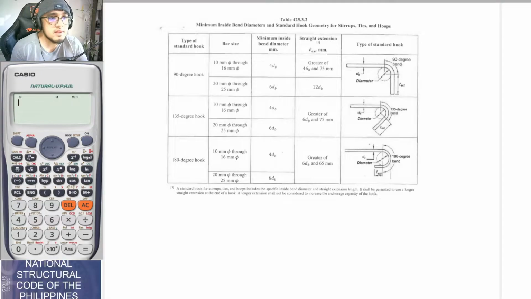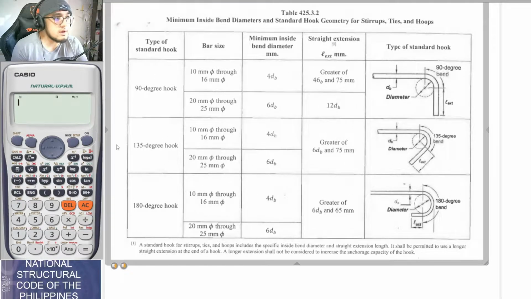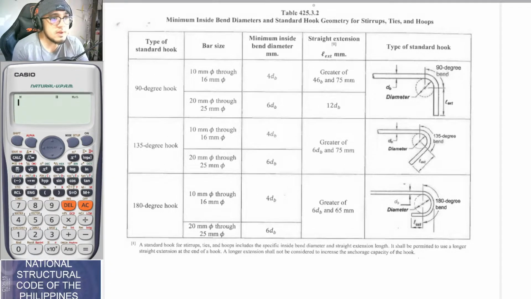So, suppose that these are the bends. I will just be increasing our table here. So, this table, which is table 425.3.2, talks about the minimum inside bend diameters for standard hook geometry for stirrups, ties, and hoops. So these are for your shear reinforcement.